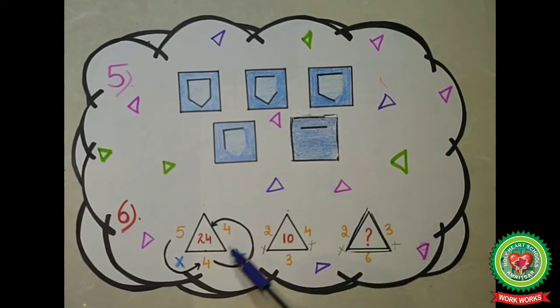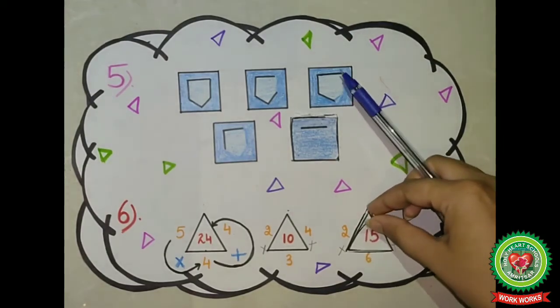So, applying the same pattern in the next figure, 2 multiplied by 3 is 6 and 6 plus 4 is 10. So students, you have to tell me the answer here. 2 multiplied by 6 is 12 and 12 plus 3 is 15. So here the answer is 15.